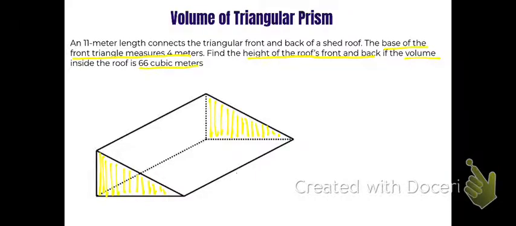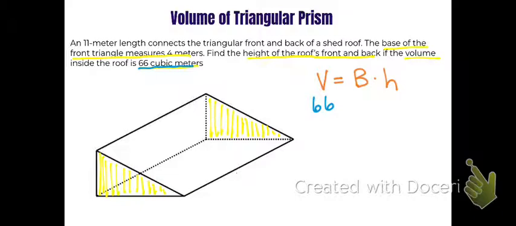So they are giving us the volume, so we know we're using the volume formula for a triangular prism, which is the area of the base times the height. So volume, they're telling us, is 66. So we're going to use that in order to find what?